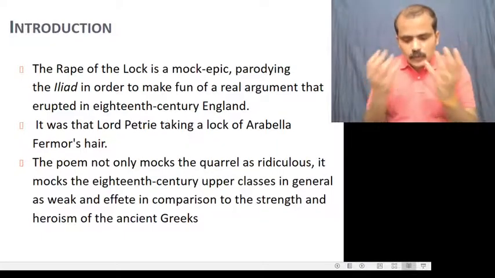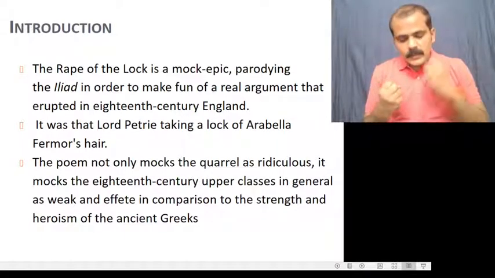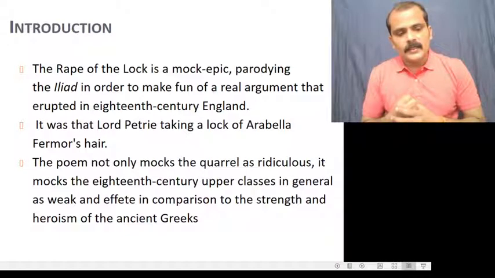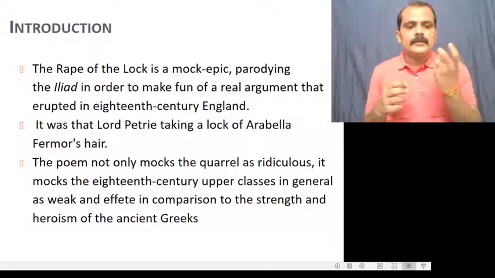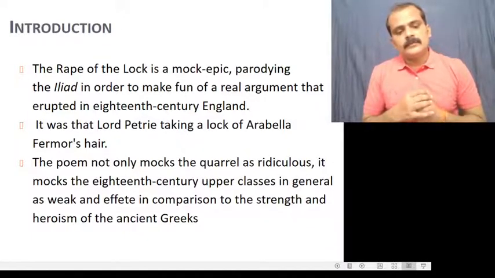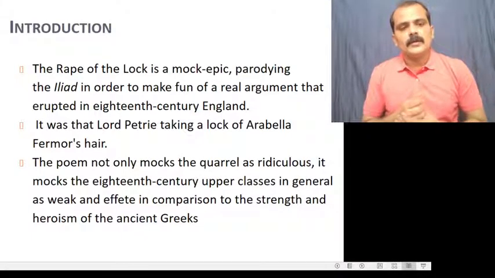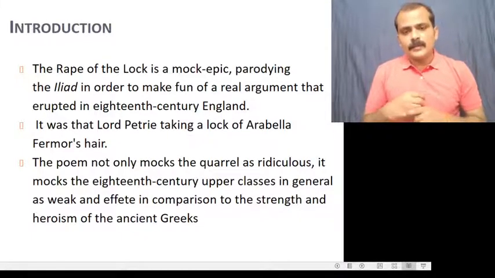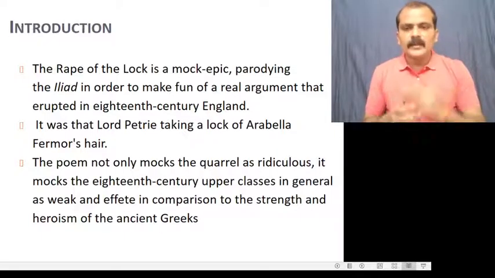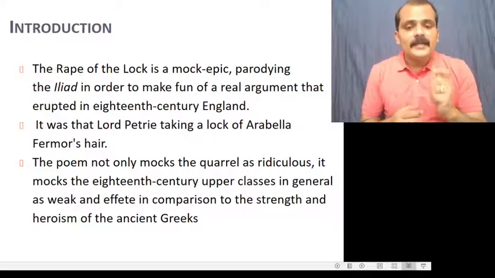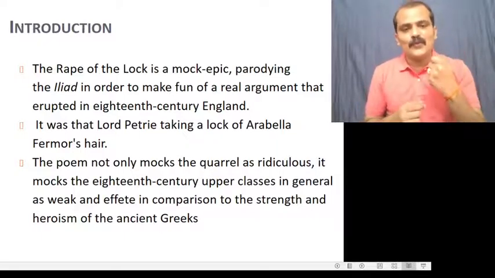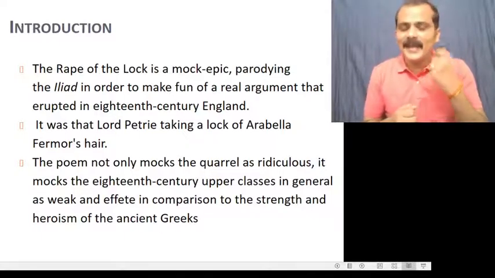Between the two, you will see that Belinda's Toilet or The Rape of the Lock is written with satire, indirectly aimed at upper class people. Look at that: it was Lord Petre taking a lock of Arabella Fermor's hair.